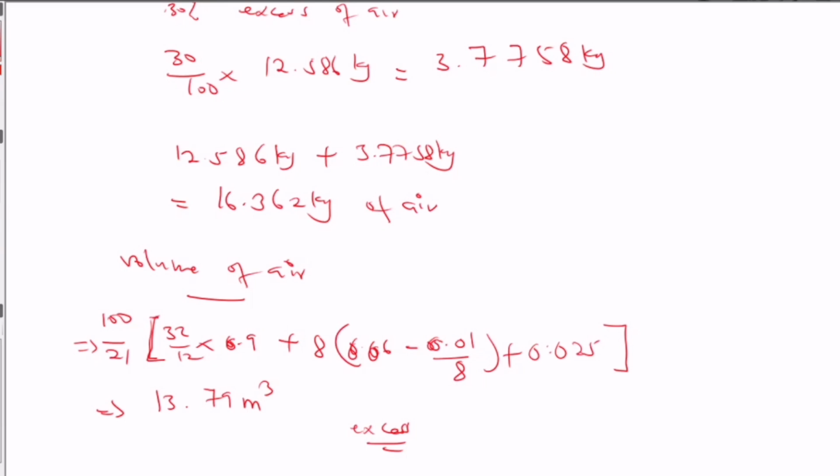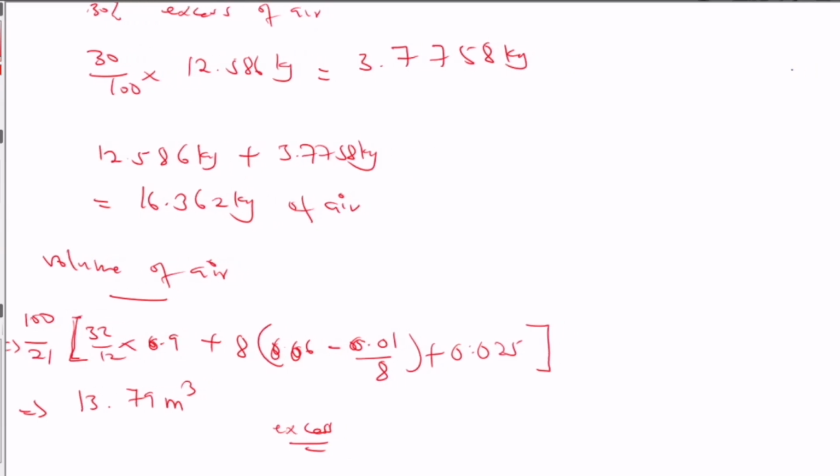So in that case, we are going to have 0.3 times 13.79 meter cube, then plus 13.79 meter cube.